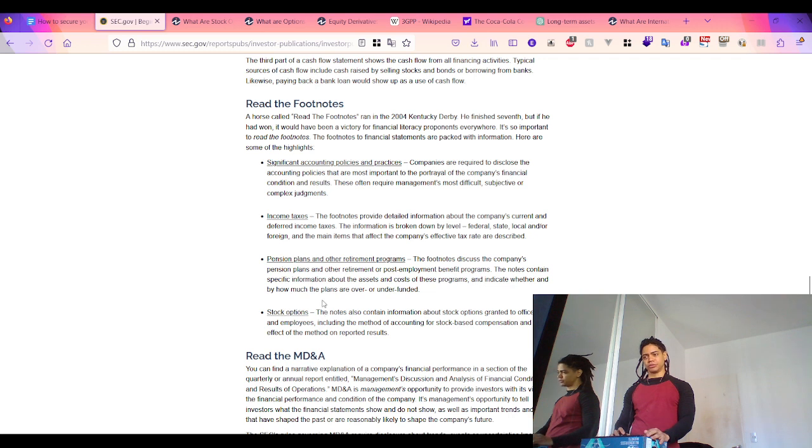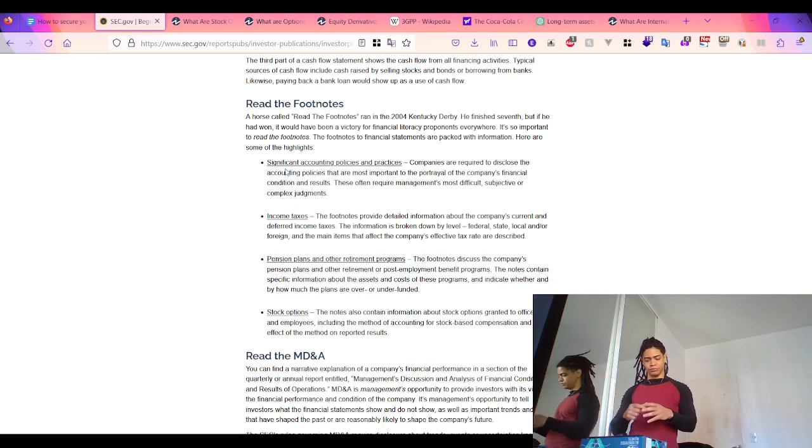Okay, the stock options. Because I understand, one highlight of the footnotes at the bottom of the financial statements, which cover significant accounting policies and practices, is that companies are required to disclose their accounting practices and policies if they're following a particular principle or rules, whether it's GAAP in the US for public companies or IFRS, the International Financial Reporting Standards.